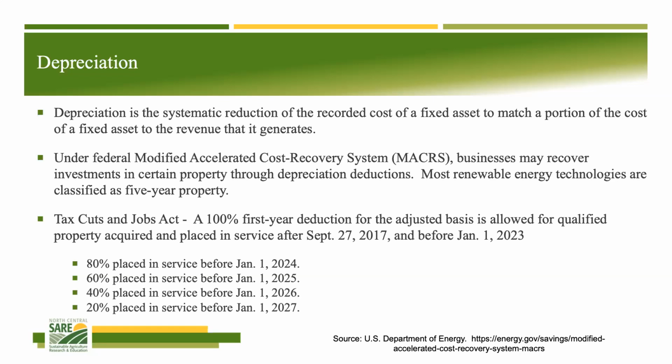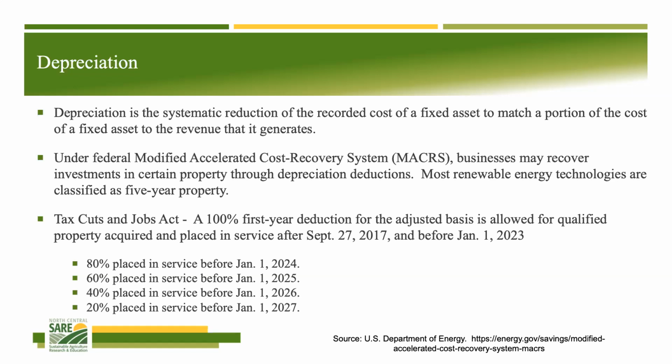So for projects that utilize the investment tax credit program, if you claim that 26% ITC, you need to reduce the depreciable portion of your project by half of the value of the investment tax credit.